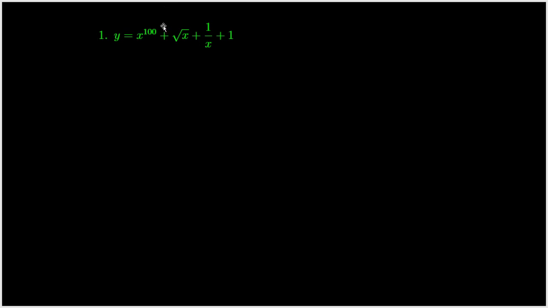By that we mean, now for instance, to take the derivative of y, you can differentiate the function term by term. I'm going to write solution. The derivative of y is actually the same thing as the derivative of x to the power of 100, you do not even have to copy this, and then plus square root of x, and then plus 1 over x, and then plus 1.